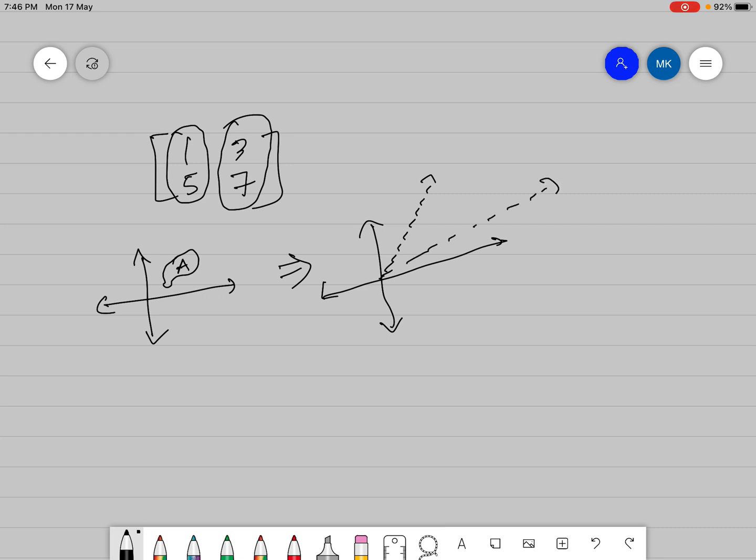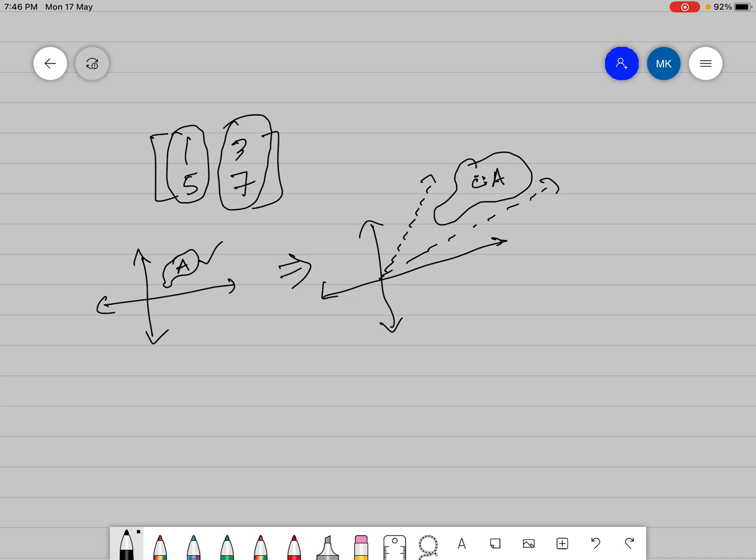So there is some stretching, as you can see, and this object has transformed into this. Let's say it is stretched by a factor of C.